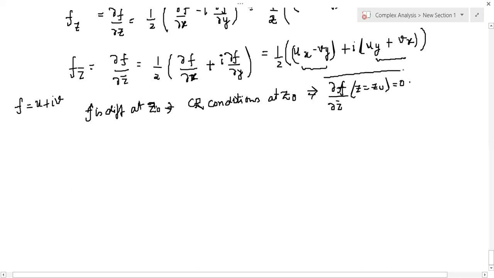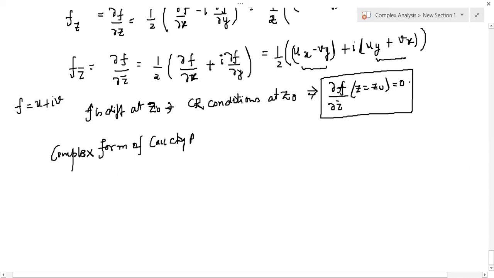So this is called the complex form of Cauchy Riemann conditions. Okay, and this is an important thing. You should remember it.